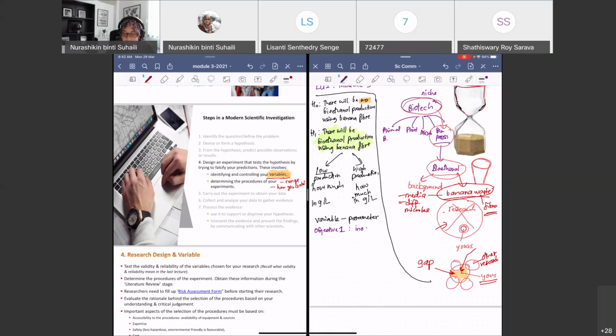Do you know what inoculum is? Inoculum is the seed culture. In fermentation, in order to have the production of bioethanol, you have to initiate the process by putting in inoculum or seed culture.